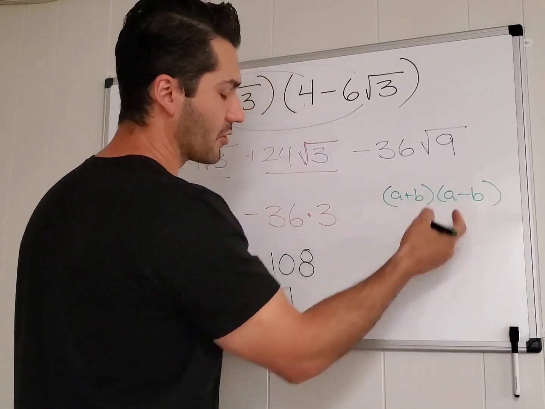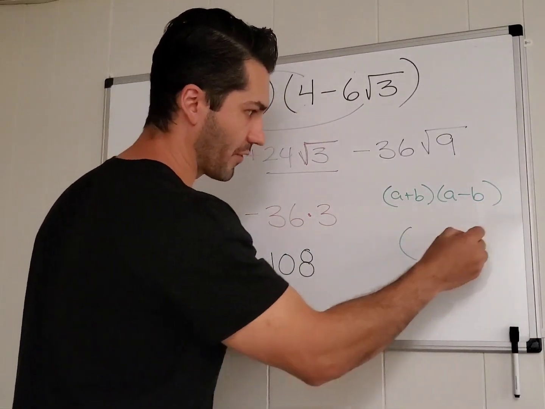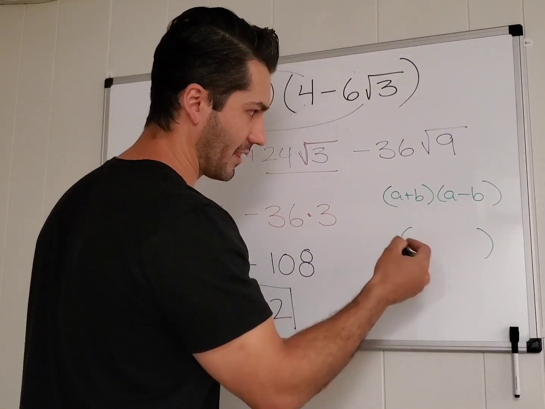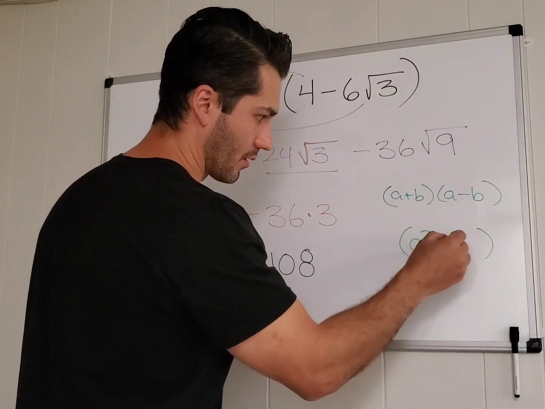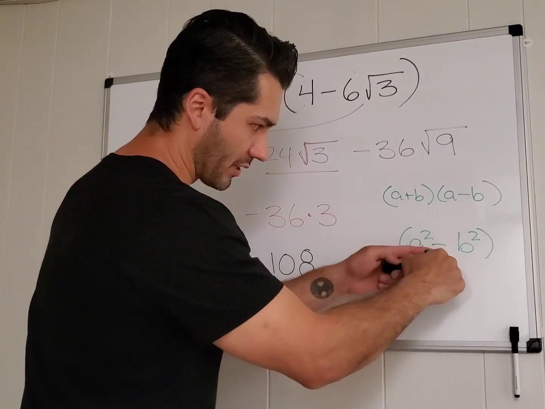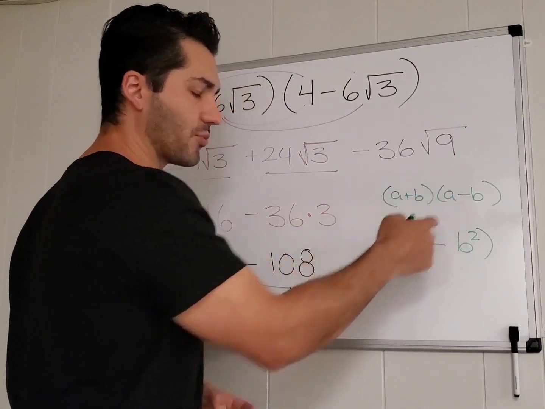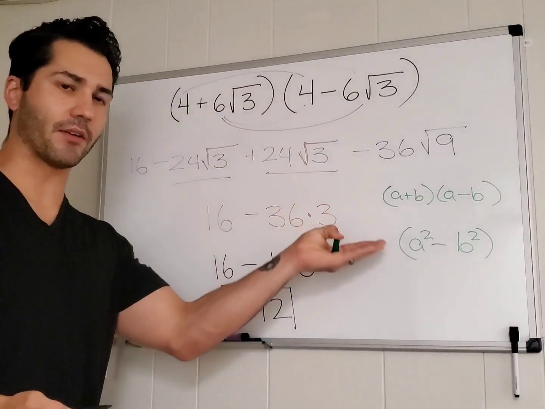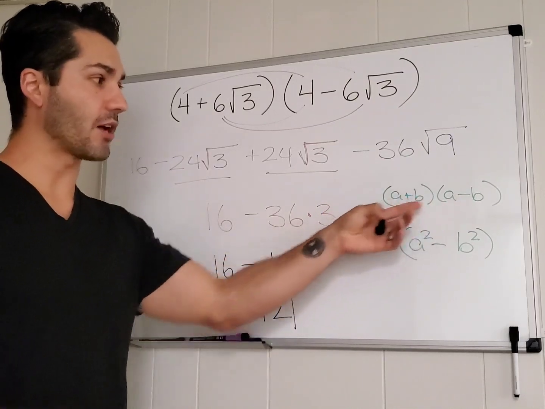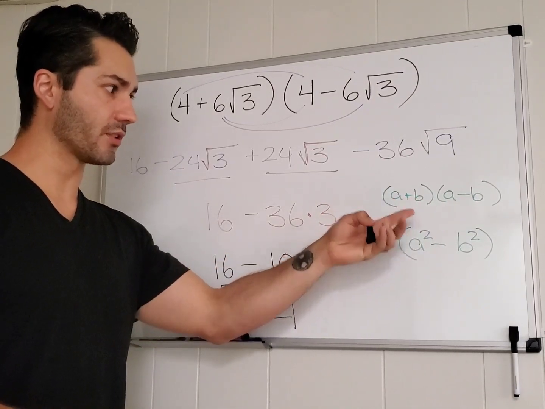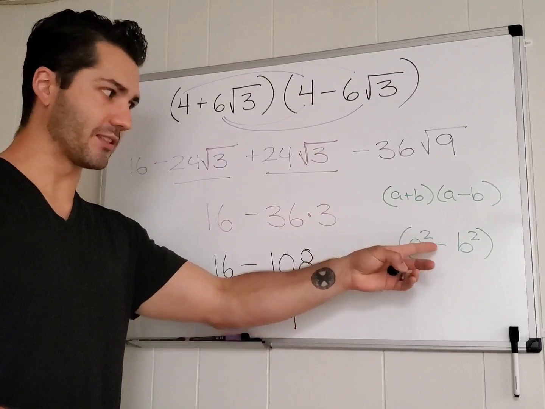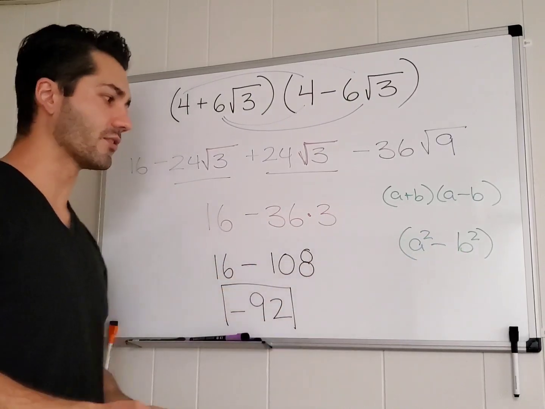If you notice they're conjugates, you get to use the difference of squares. The difference of squares is literally in the name. If you can realize that that's what you need, the name is literally telling you the formula. Oh, they're conjugates. That means I could use the difference of squares. What's the difference of squares? It's the difference of 2 squares.